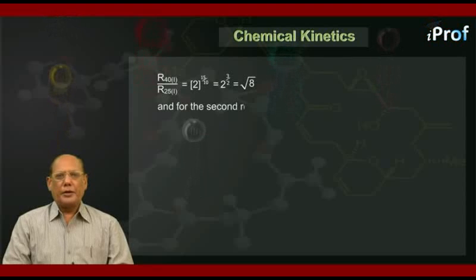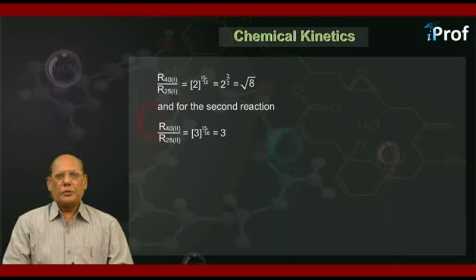And for the second reaction, R40 second upon R25 second is equal to 3 to the power 15 by 10. That is 3 to the power 3 by 2, and that is equal to under root 27.